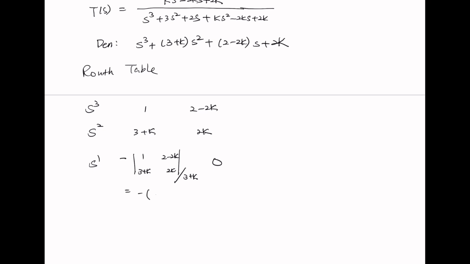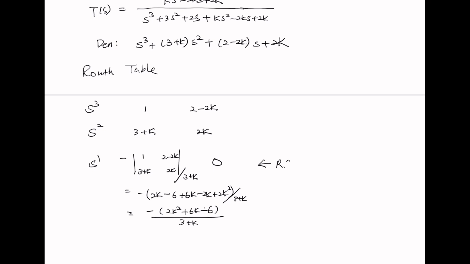That equals negative (AD minus BC). If you multiply that, 3 times 2 is 6, and remember we have a negative, so negative 6 plus 6k minus 2k plus 2k squared, over 3 plus k. That is negative 2k squared plus 6k minus 6, over 3 plus k.